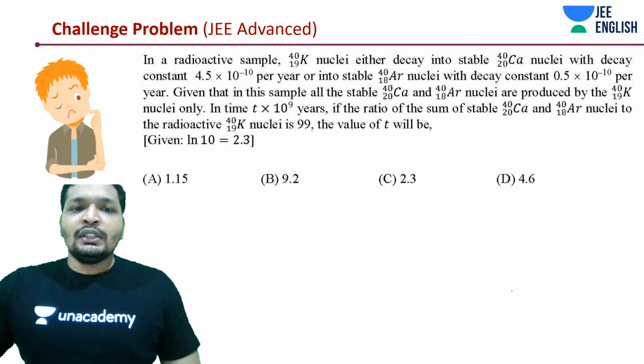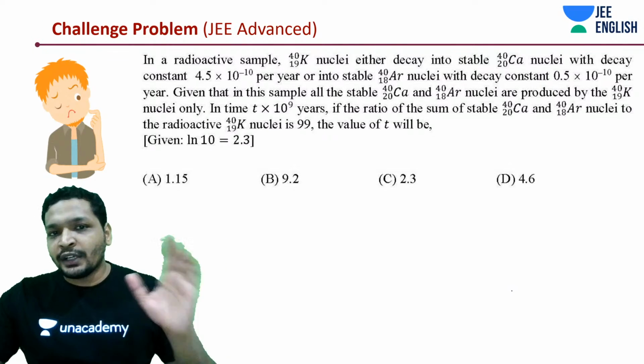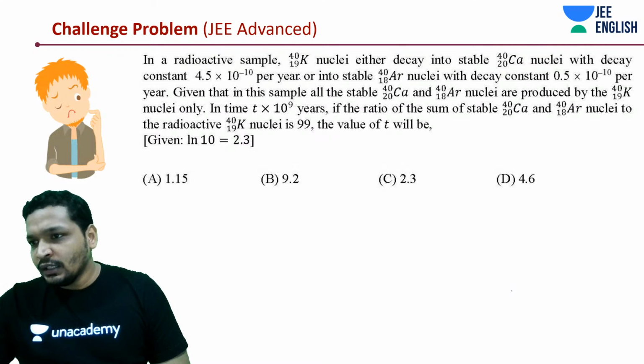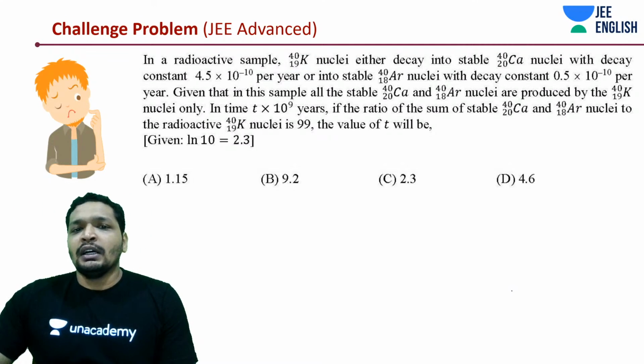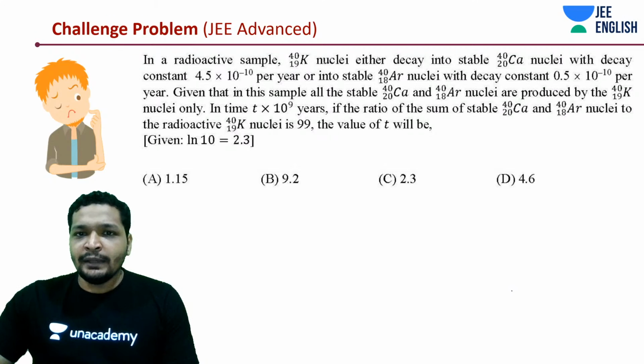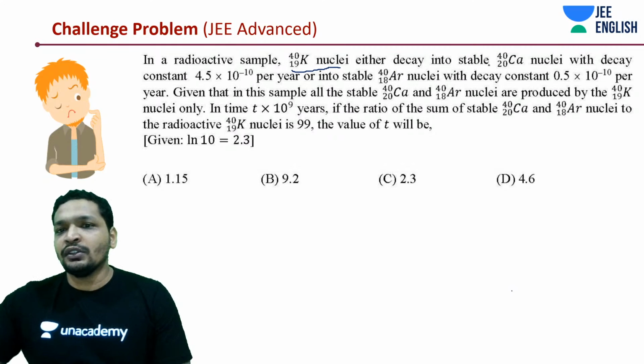Now let's first of all read the question. I hope this is visible clearly. What is happening in this question? There is potassium nuclei, an unstable form of potassium, and this decays into two stable forms.